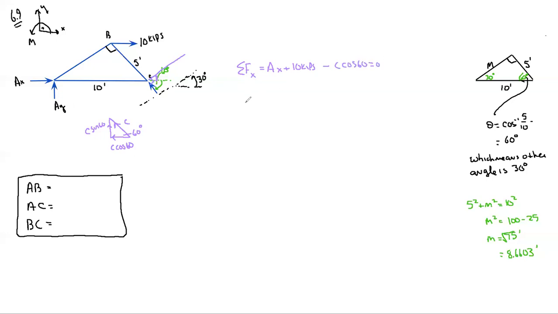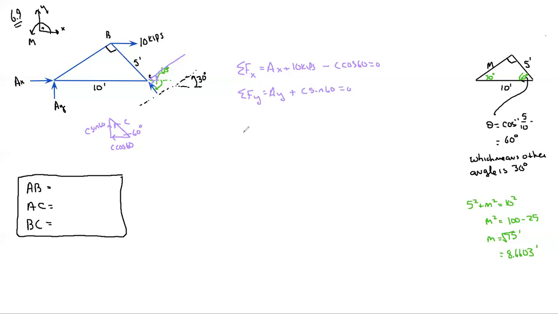Nothing we can do there. One equation, two unknowns. So summation of forces in the Y direction. We have AY plus C sine 60 equal to 0. Nothing we can do there.